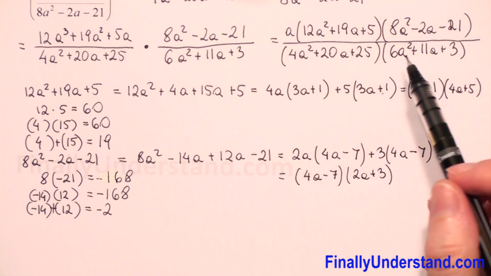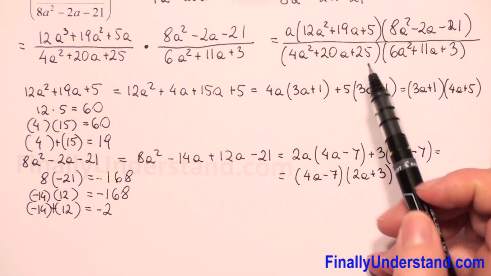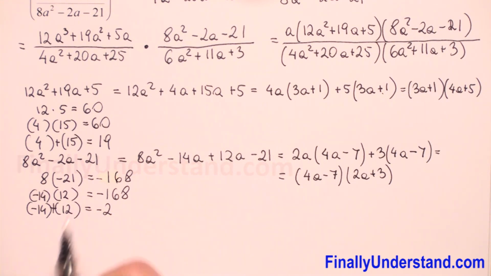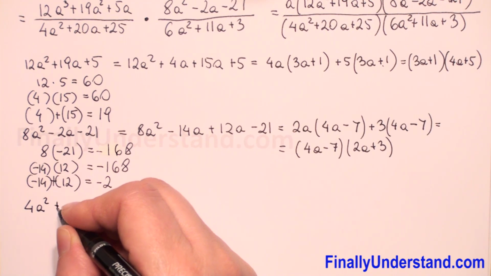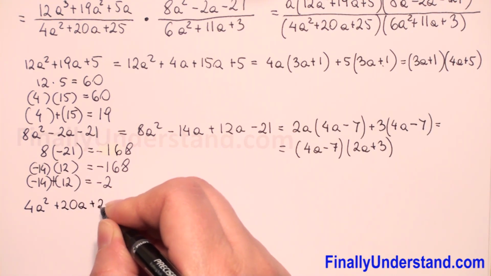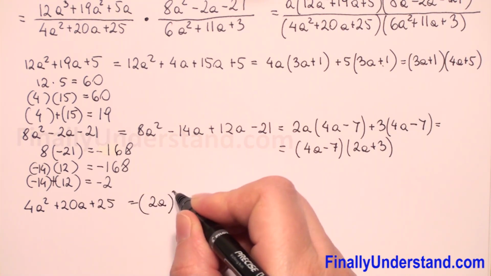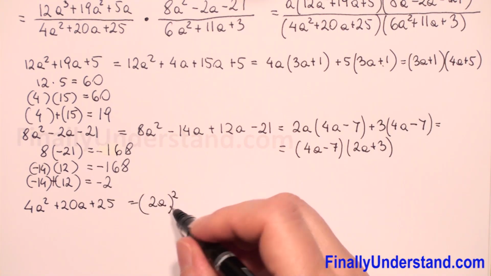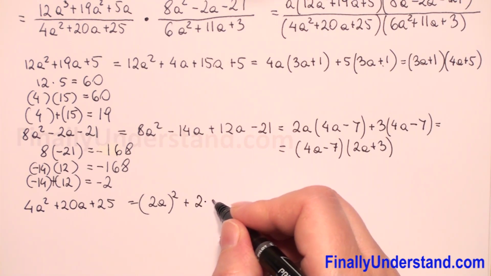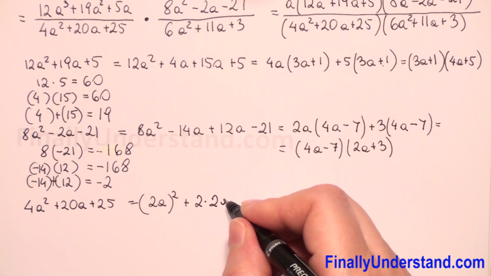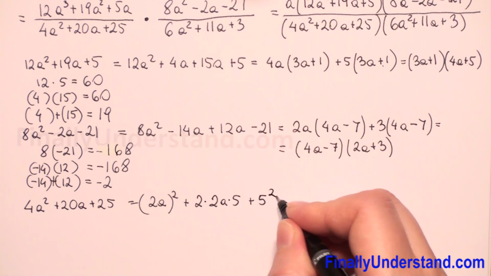So now we can look at our next expression. We have 4a squared plus 20a plus 25. Let me copy this term. We can rewrite 4a squared as 2a to the second power, and 20a we can rewrite as 2 times 2a times 5, and 25 as 5 to the second power.